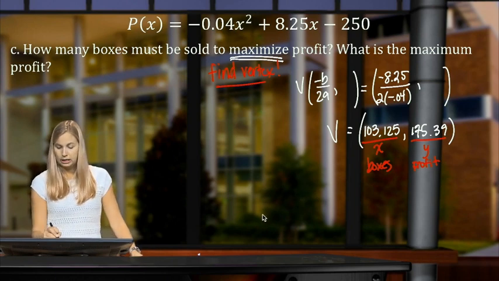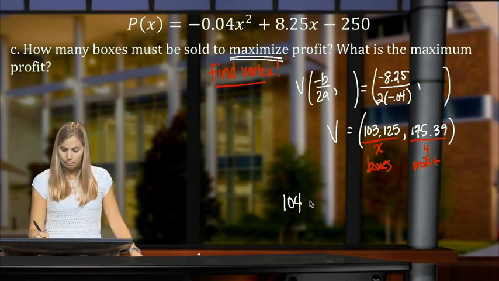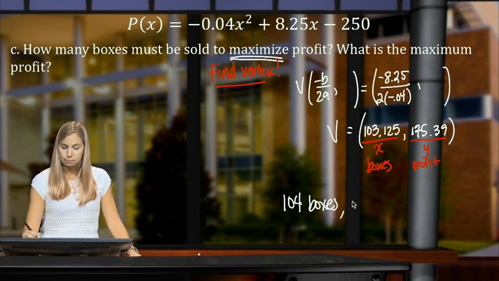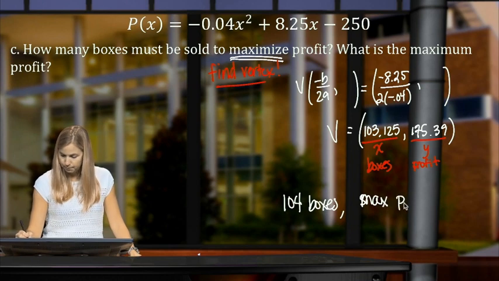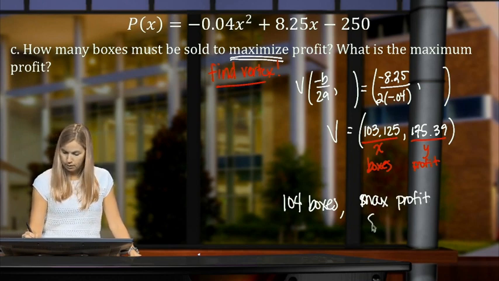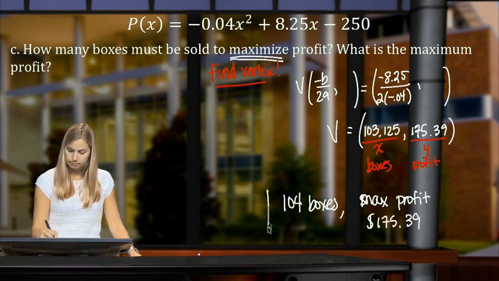So our answer, we need to sell 104 boxes. And our maximum profit is going to be $175.39.